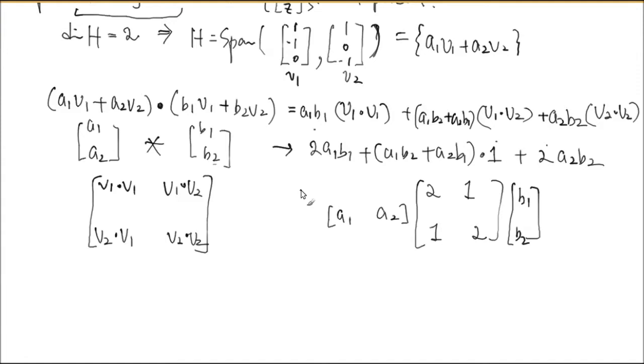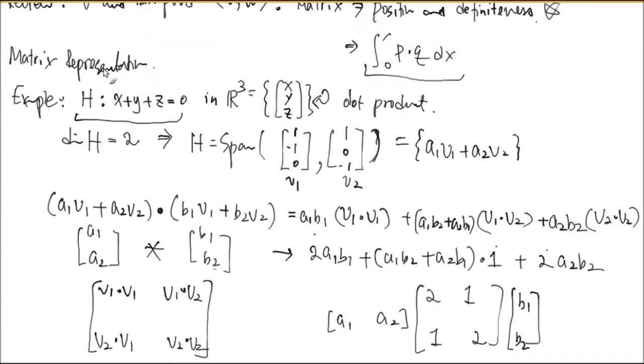Does that make sense? All right, so that's the matrix that represents inner product in general. This depends on your choice of basis. If you choose a different basis, not this one, then things will be different, right?